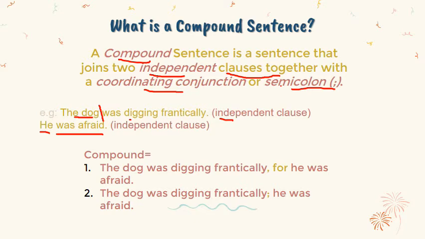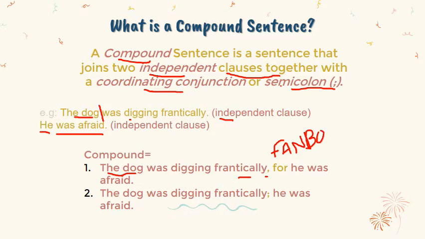How does it happen? We can say the dog was digging frantically, comma, for he was afraid, or because he was afraid. Okay? So here I used one of the fanboys, the coordinating conjunctions that we talked about. Fanboys.